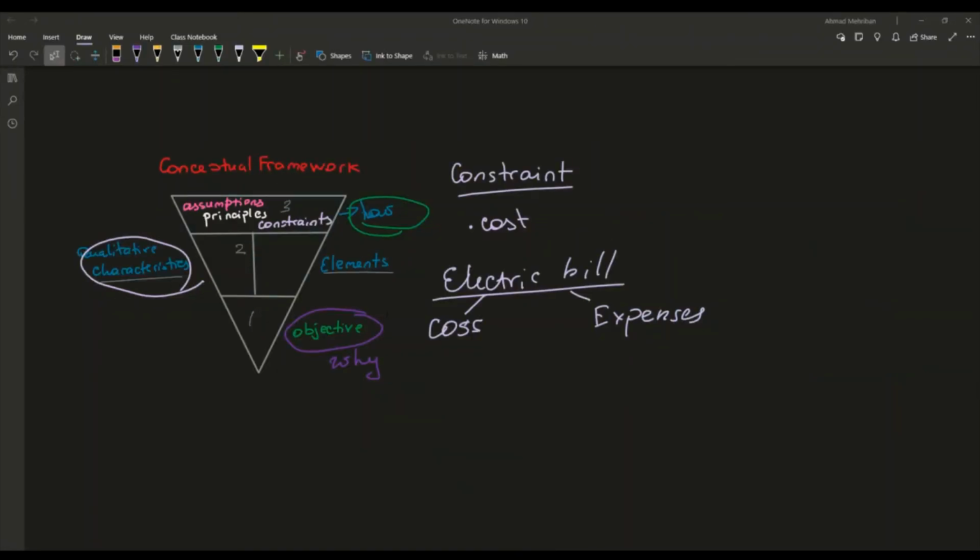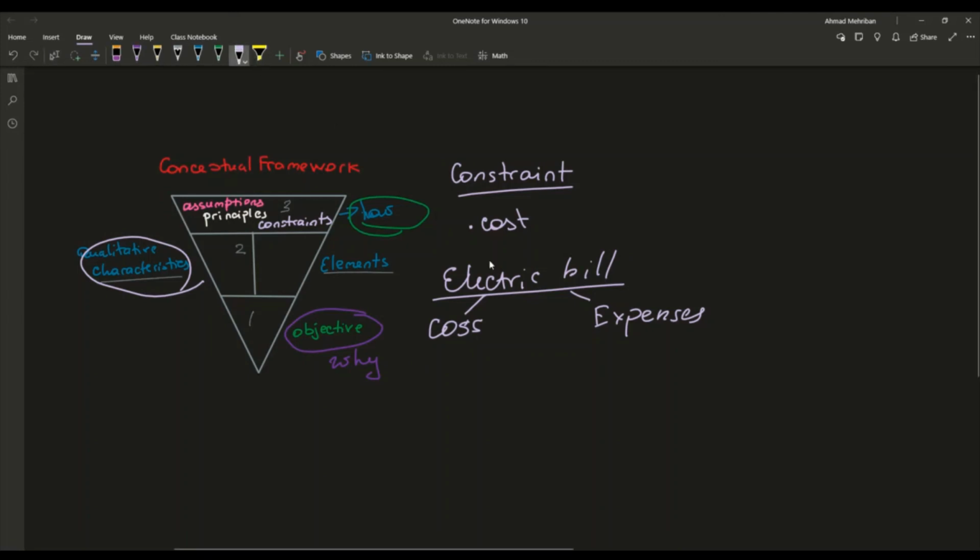Now we came to our last point in the conceptual framework, and that's the cost constraint, which arises when it's excessively expensive to report certain information in financial statements. It doesn't mean that just because some information costs a bit too much, we shouldn't report it. No. Everything will depend on how valuable that information will be to the users of financial reports.